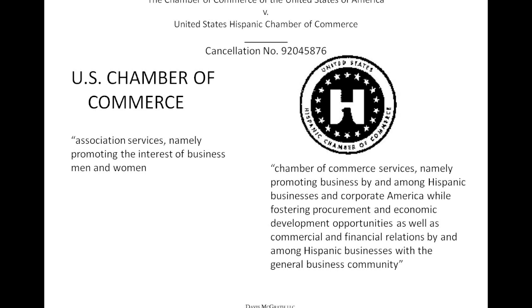And then they looked at the fifth and sixth factors, which both relate to the strength of the petitioner's mark. The first is fame, and they did find that the U.S. Chamber of Commerce is a well-known mark and had certainly obtained a certain degree of fame. But the sixth factor, looking at the strength of the petitioner's mark, they found it rather weak.